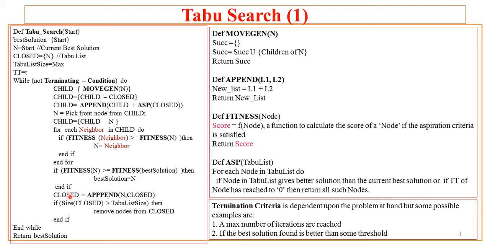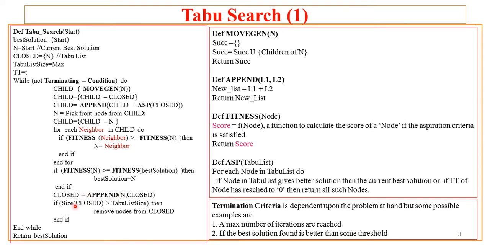This way the closed list is updated, which is nothing but the elements in the closed and the best solution we got, that is n. So this way closed is appended with the best solution n.